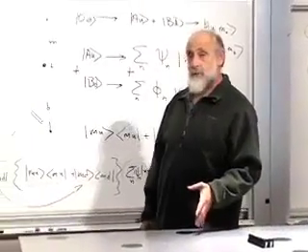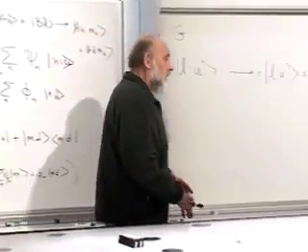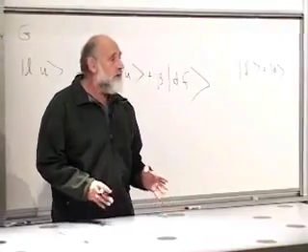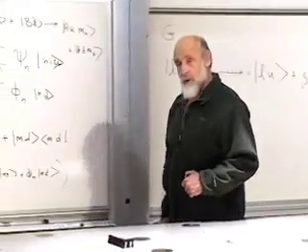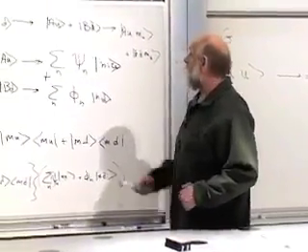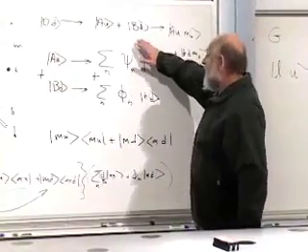A classical experiment, you always imagine that a classical experiment can be done in a gentle enough way that you can find out what you want to find out without disturbing the state of the system. Here, you can see that we have definitely disturbed the state of the system.